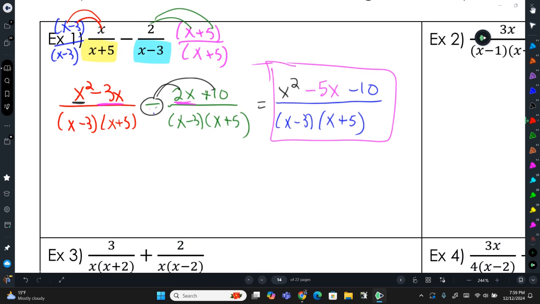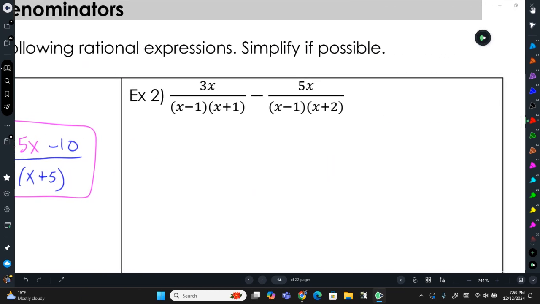Let's look at example 2. So we have a bit more of a complicated one. We have 3x over x minus 1 times x plus 1 minus 5x over x minus 1 times x plus 2. Well, they both have an x minus 1, which is great. The first one is missing x plus 2, and the second fraction is missing x plus 1.